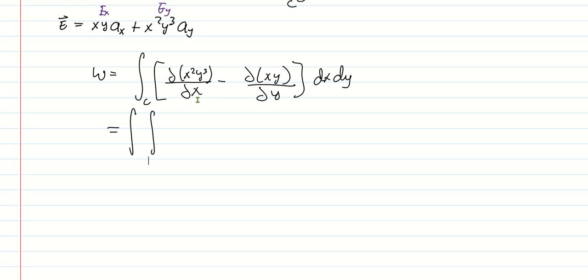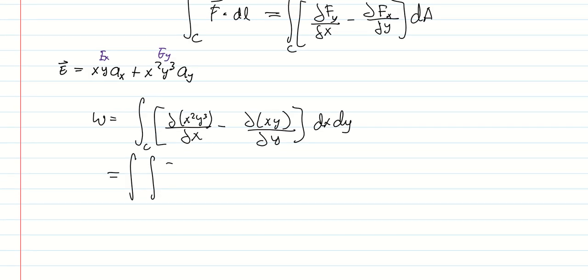Now let's take the partial derivative of the first term, x squared y cubed. If you don't remember the concept, a partial derivative is the derivative with respect to one variable, and the other variables you treat as constants. We are taking the derivative with respect to x, so we treat y cubed as a constant.